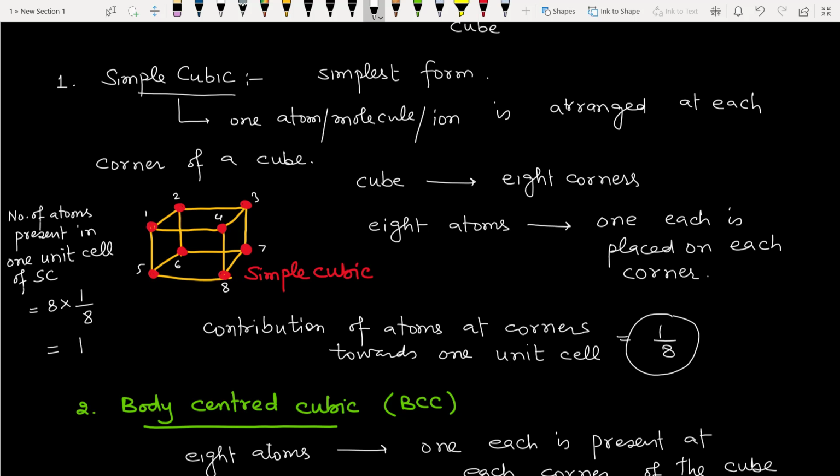So the total number of atoms in a simple cubic structure will be 8 × 1/8 = 1.